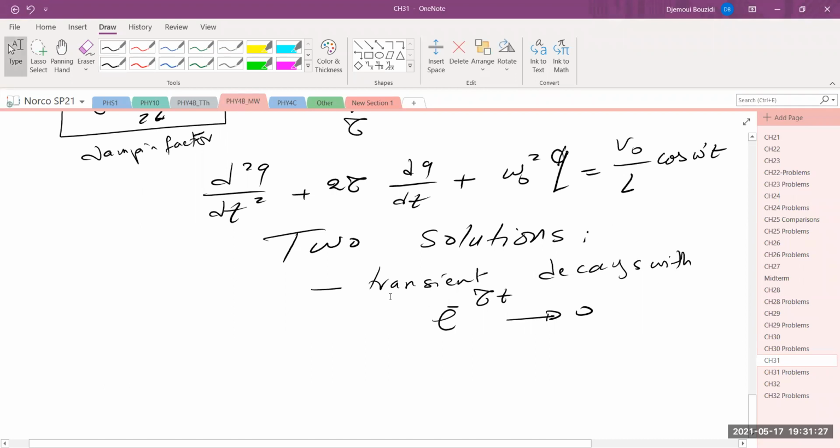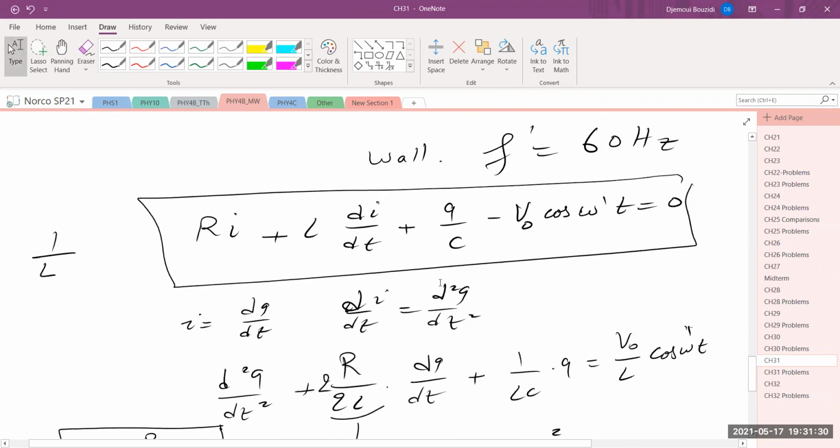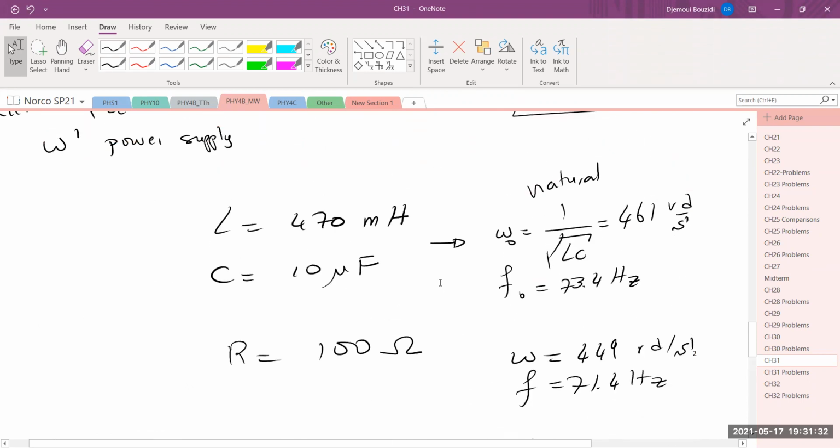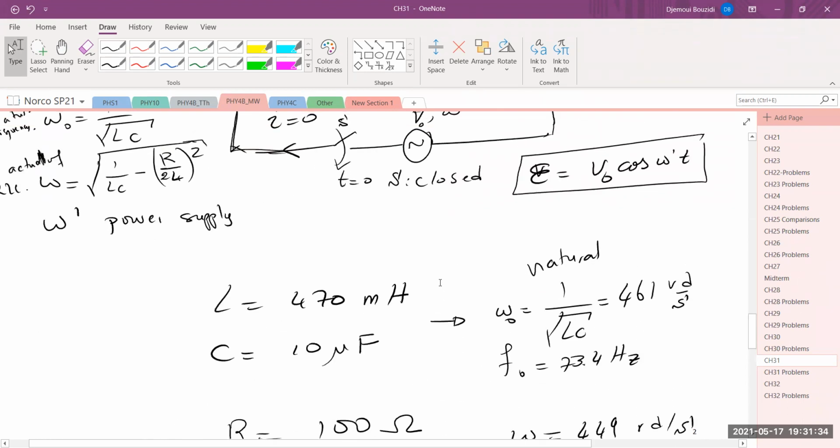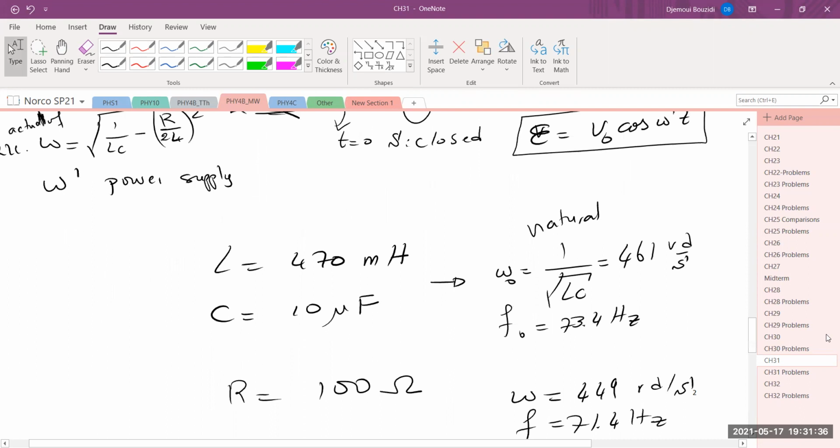To go back to my example, tau that we calculated in the circuit was equal to R over 2L. We didn't calculate R over 2L, so I really need to calculate it, which is 100 divided by 2 times 0.47. It's 106, 1 over second.